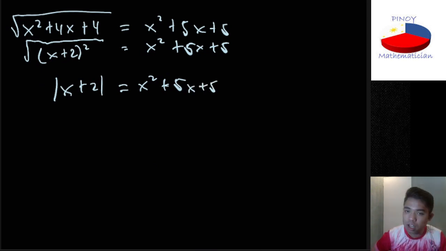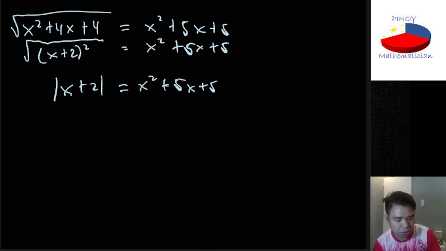Now, if you are unfamiliar with solving algebraic equations with absolute value, if it involves absolute value, we solve it in two cases. One is to retain the expression as positive, and the other is to make the expression negative.